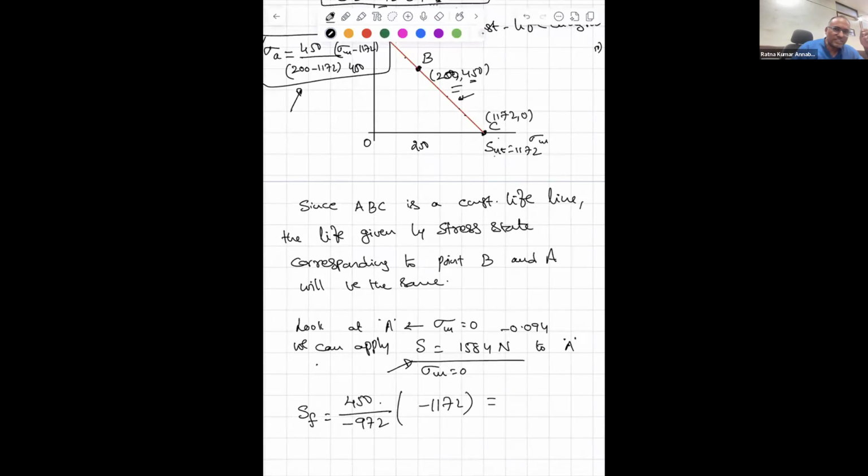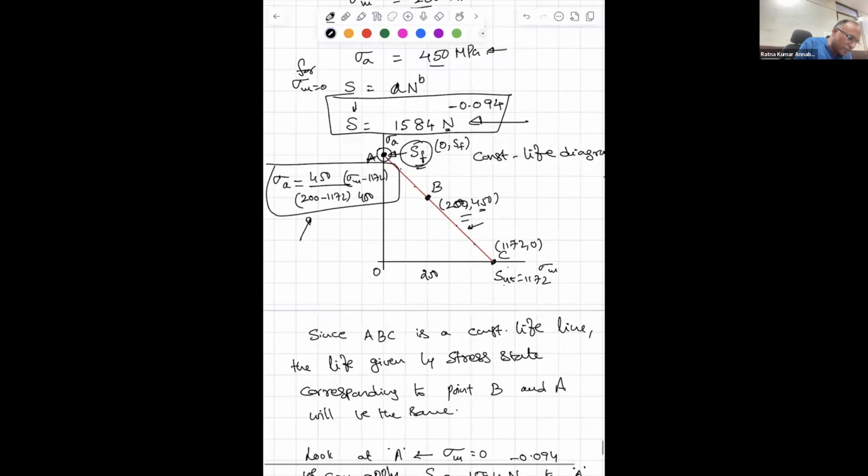That will be my SF. What is that value? 450 times 1172 divided by 972. That will be 542.6 MPa. So this point is now 542.6.